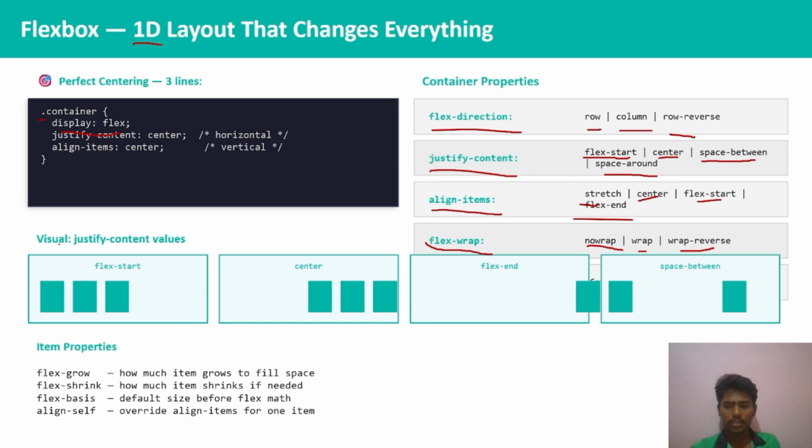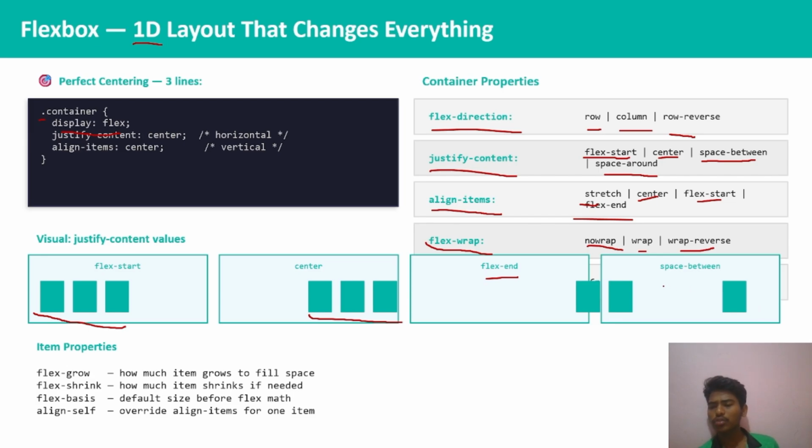Visually, you can understand this. When we use flex start, there will be small differences. When we use center, it will go to the center of the web page. When we use flex end, it will be mostly at the end of the page.